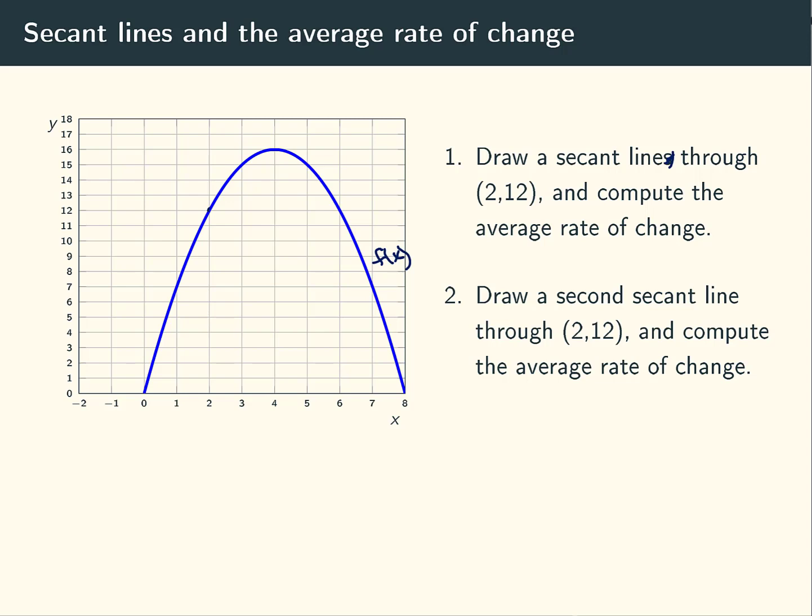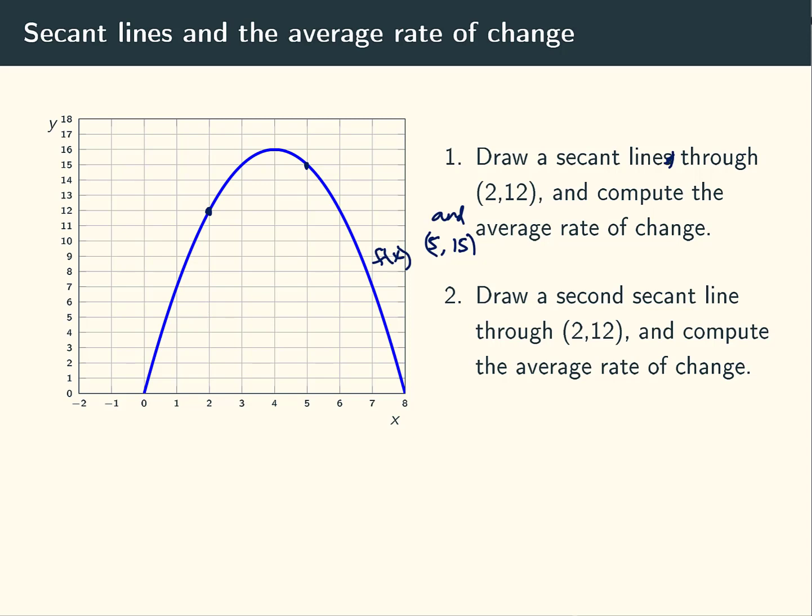I'm going to add another coordinate, and we're going to have the secant line go through 2, 12 and also 5, 15. So we want a secant line that's going to go through 5, 15 and 2, 12.